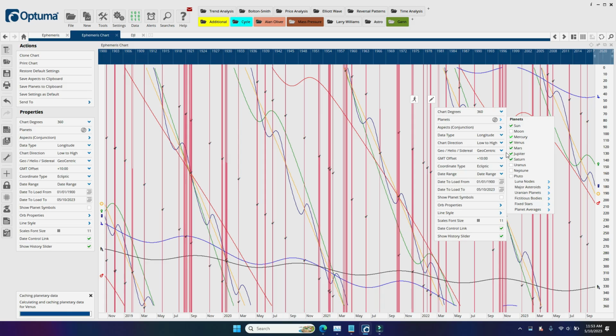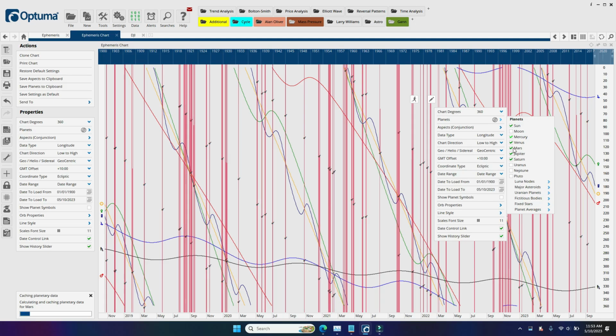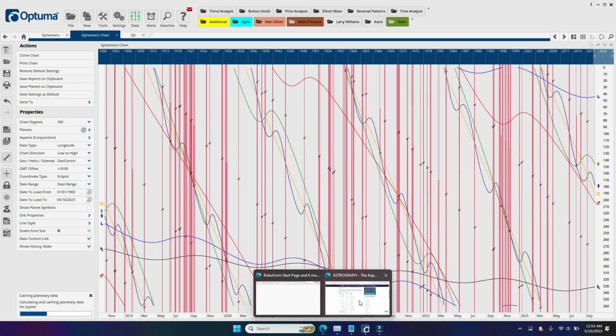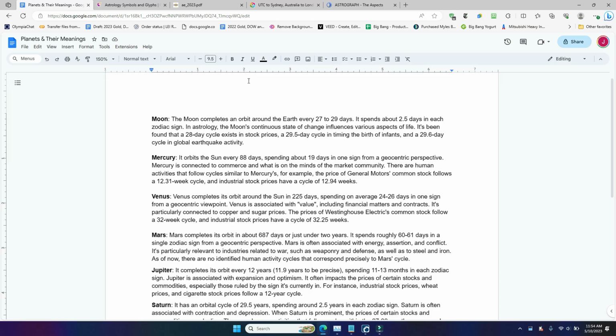I thought I had these calculated before. I'm going to turn off the aspects for a second once it's finished loading everything, because then I'll show you the length of time it takes for planets to complete an orbital period.